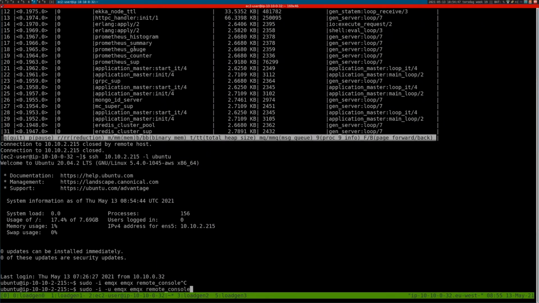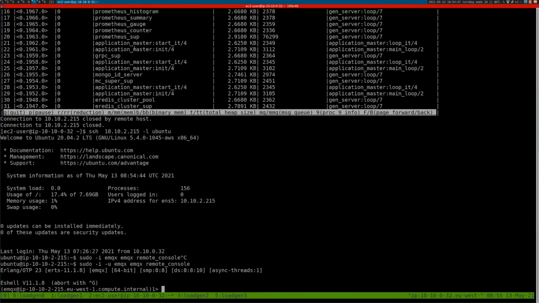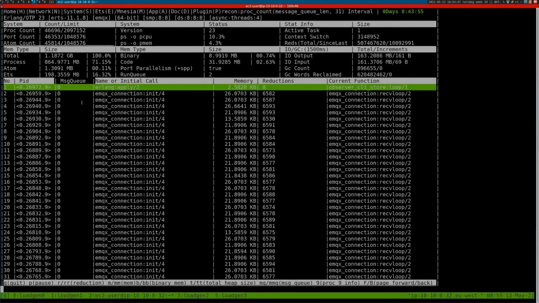And I have one EMQX console open to monitor the message congestion in the broker process. We are using observer. So far there's no congestion.